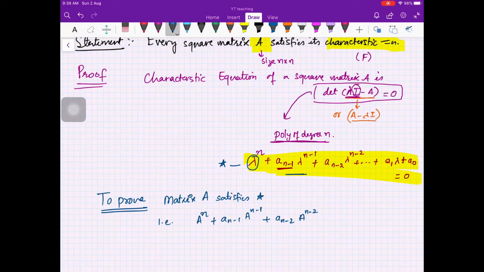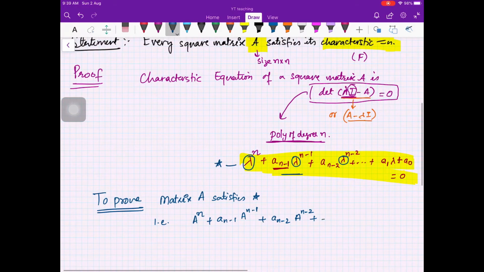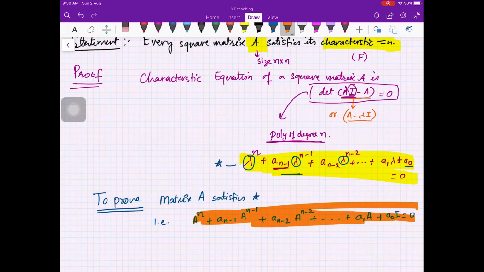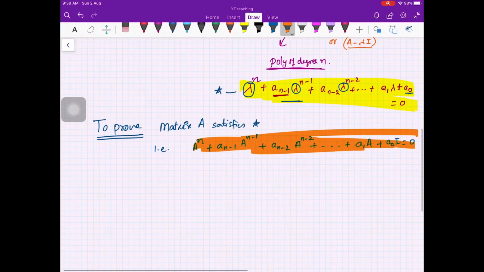You see, this equation is in lambda, so we want to replace lambda with the matrix A, and so on, a_1 A, and because a_0 is a scalar, you will multiply it with an identity matrix of the same size as A. This is what you want to prove, right? So let us prove it.